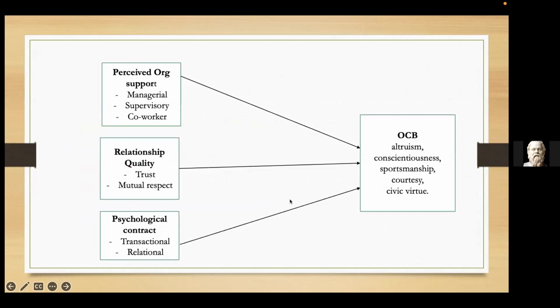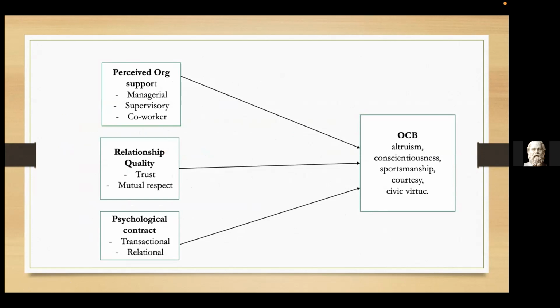Commonality here is social exchange. In this relationship, these arrows, the exchanges here shape the members' attitude, which in turn influences the way they behave. Okay, that is the explanation. That is the example there.